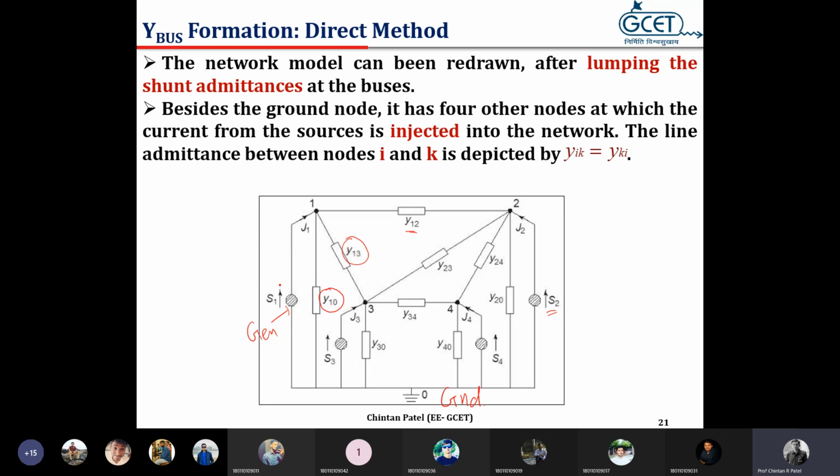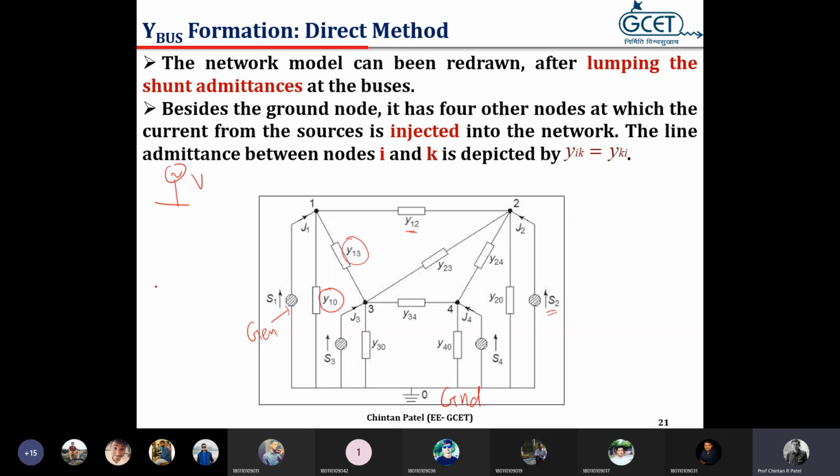And in parallel with admittance, a current source is placed. So earlier, when this was the connection, this generator was modeled as a voltage source. But in this network, this generator is converted into a current source.